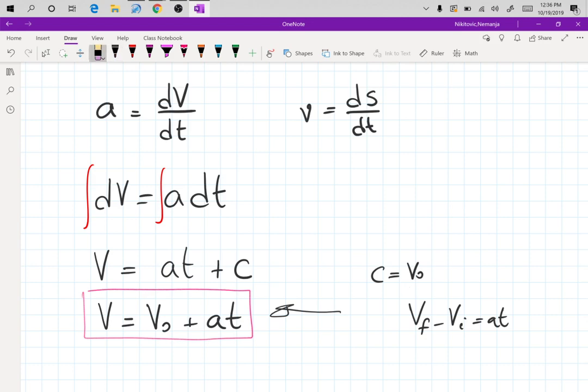But wouldn't it be a v on that side too, as a function? No, because the variable is t, not a. A is a constant. A is not a function in this case.